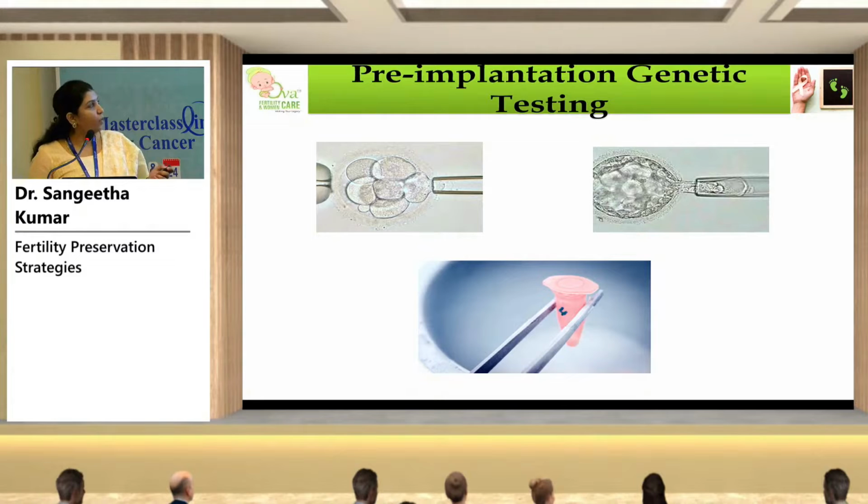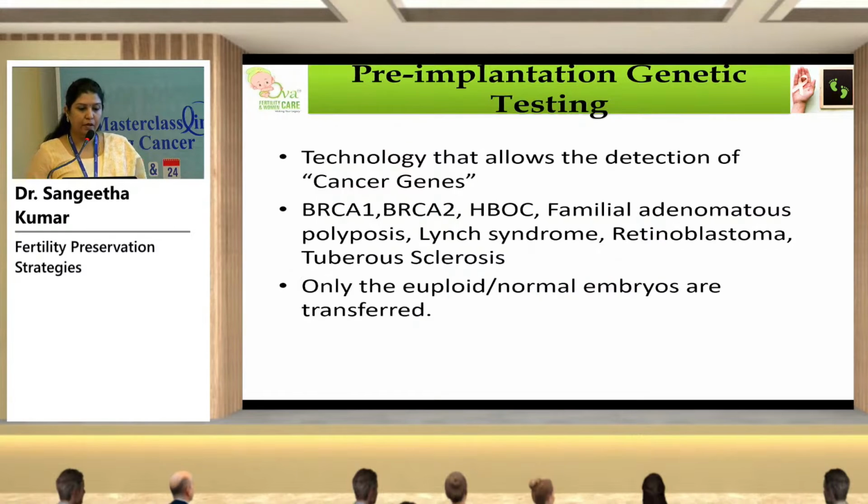Once the biopsy is done, we tube them and send it for genetic testing. Usually PGT is done to allow the detection of cancer genes, especially BRCA1, BRCA2, and in case of familial adenomatous polyposis. In these cases, we do PGT, and only those which are euploid or normal embryos are transferred.